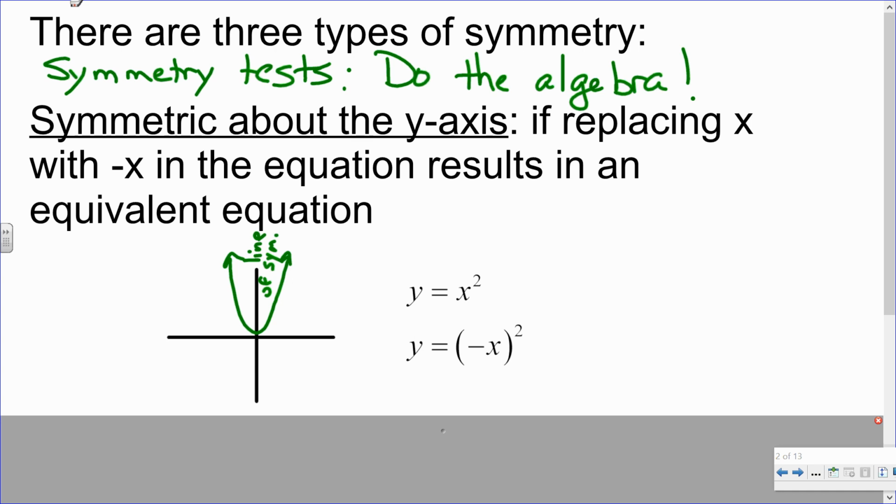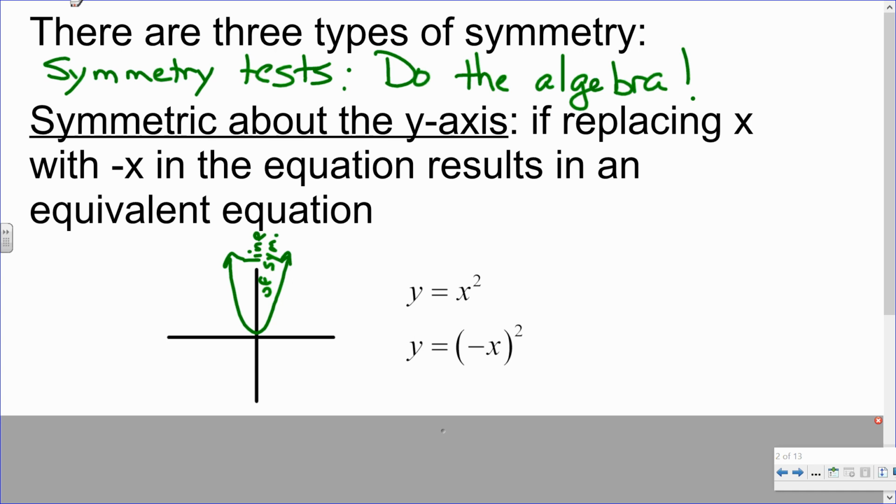What that means, for a graph like this that is symmetric about the y-axis, it doesn't matter whether I do x or the opposite of x, they will have the same y value. So I can change x to minus x, do some algebra, and see if I get back to the equation that I started with.